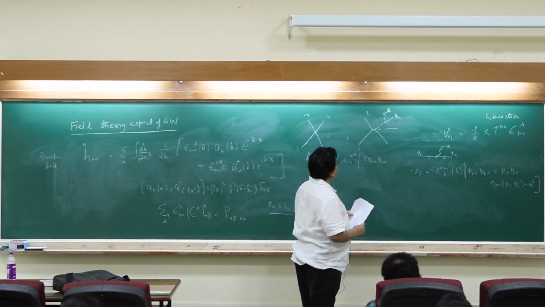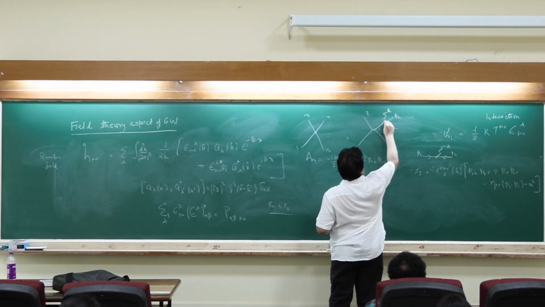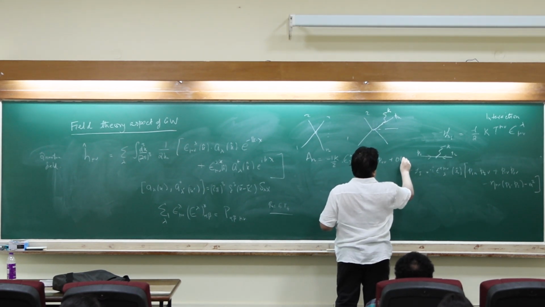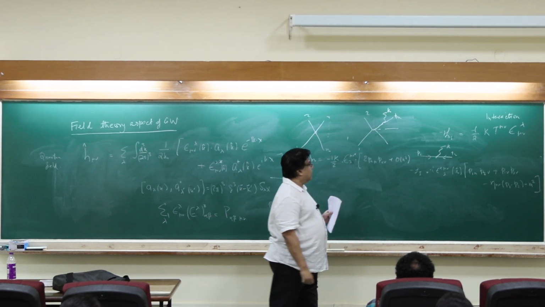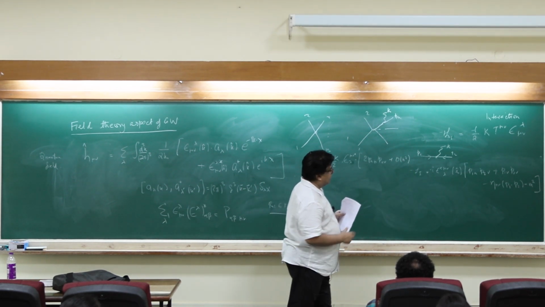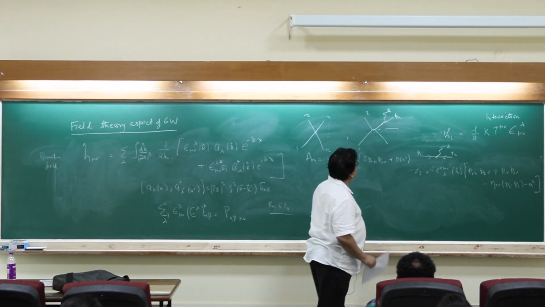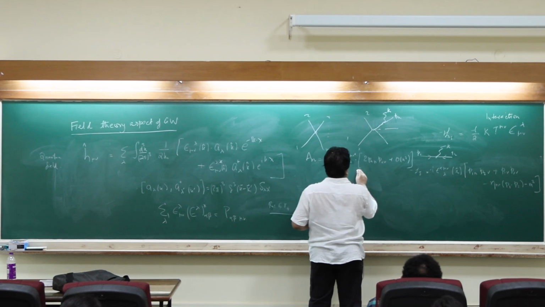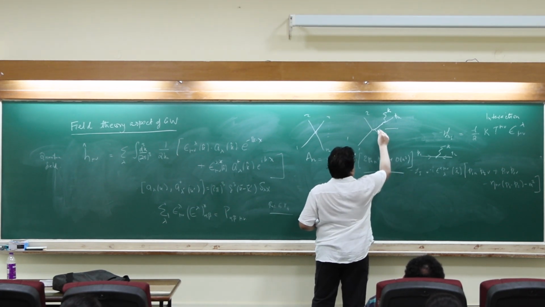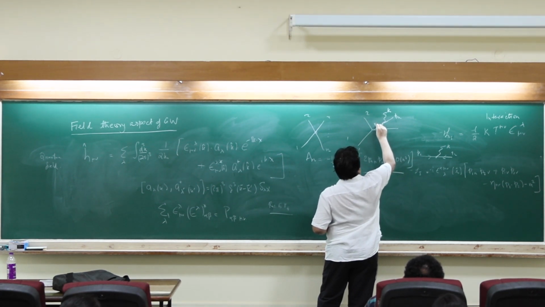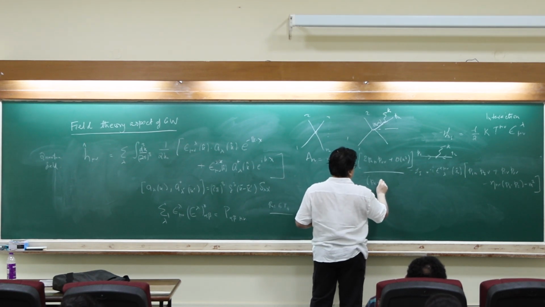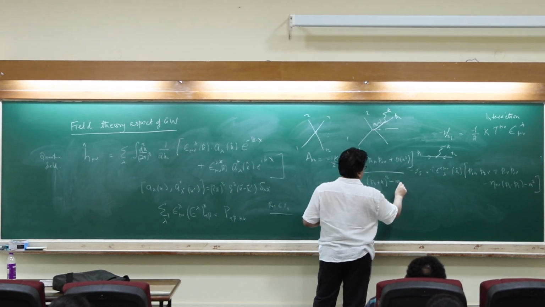This is the same particle PA which is going through, plus terms I don't keep of order k squared, so I'll just keep the leading order. This will be divided by the propagator. The momentum here is PA plus K, and K goes out and PA remains. So this is PA plus K whole square minus m square.